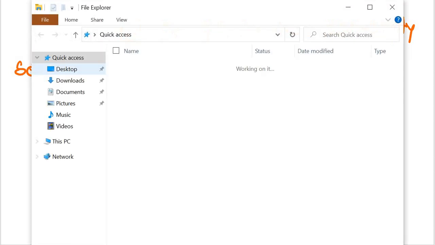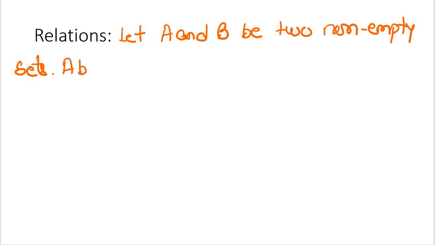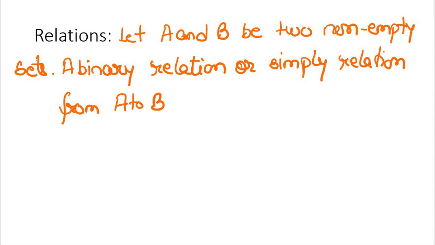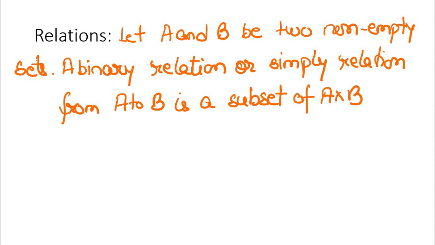So in that case, a binary relation, or I can call it simply a relation, from A to B is a subset of A cross B. That is, this relation R is a subset of A cross B, which is nothing but my Cartesian product.